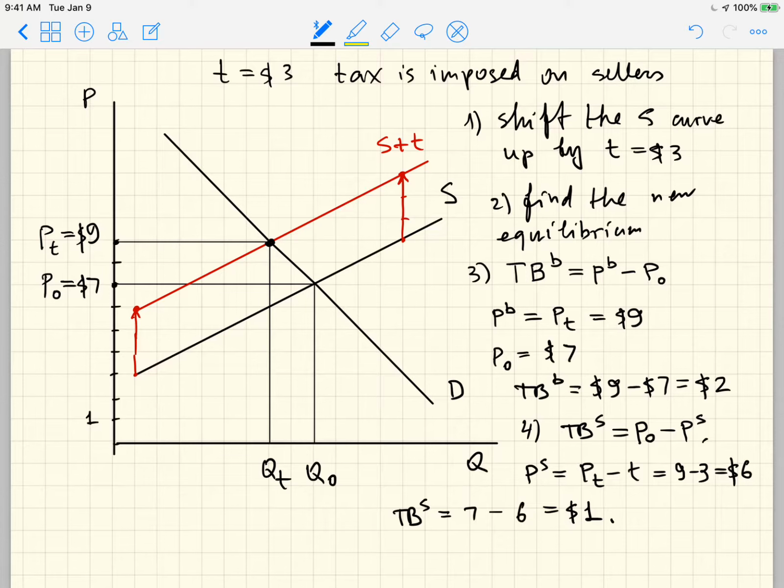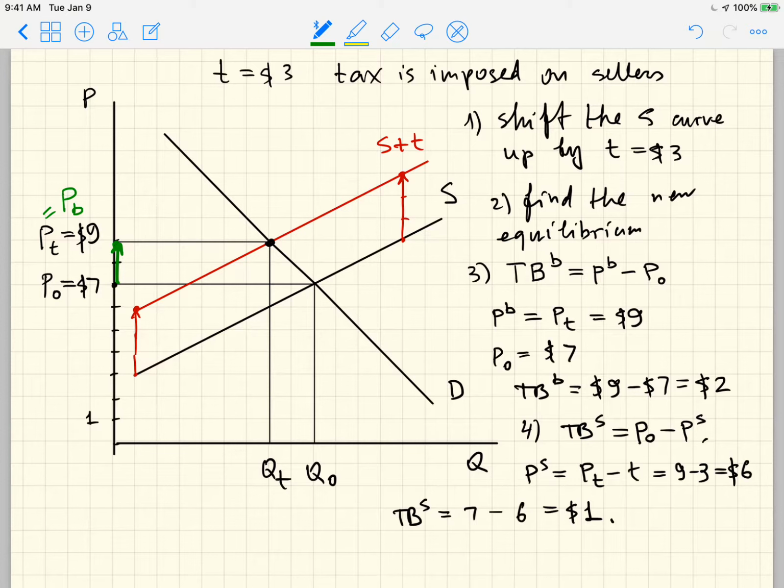Now let's see how we can illustrate these two things on the graph. So tax burden on buyers is just this increase in price. By the way, PT happens to be PB, so this is what PB is, and PS is PT minus T, right?